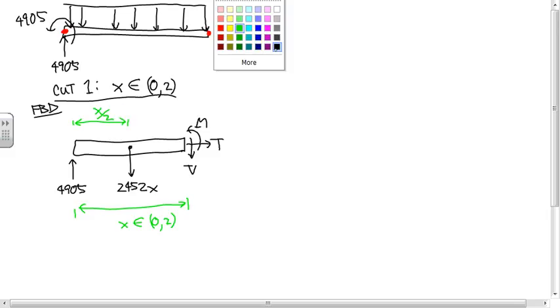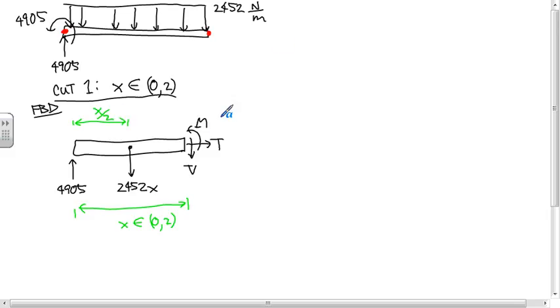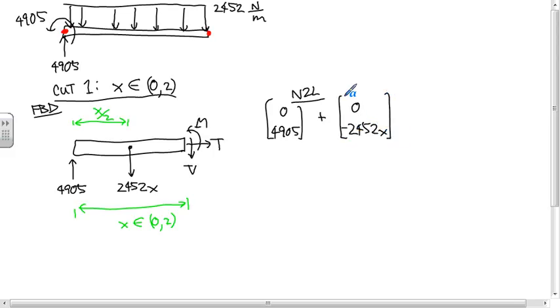And now let's go through calculating these internal loads. So Newton's second law says 0, 4905 plus 0, negative 2452x plus t, 0, plus 0, negative v.